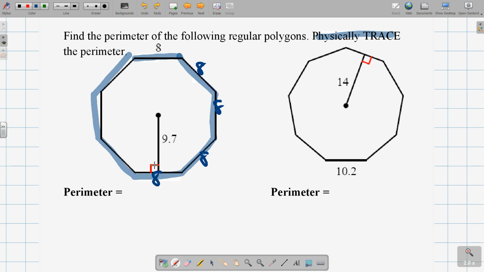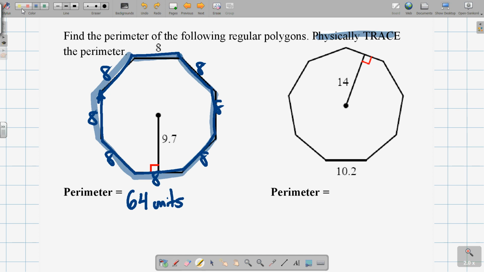Once I physically trace it, I see that if you were to walk around the perimeter, I'm basically doing 8 times 8. So my perimeter would be 64. Check for units. There's no units, so I just write units.